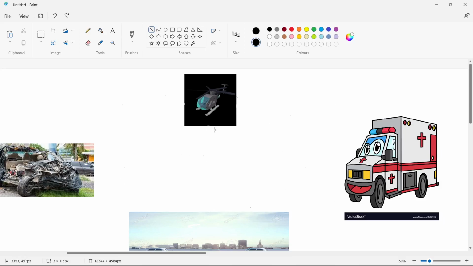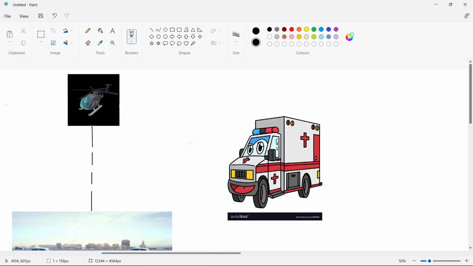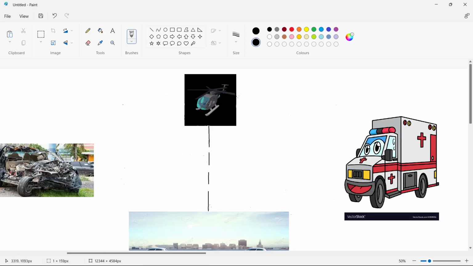But yeah, let's get into it. Obviously, we're gonna have to make a line from the helicopter to the highway. They gave us how far it is from the helicopter directly down to the highway, which is 350 kilometers.